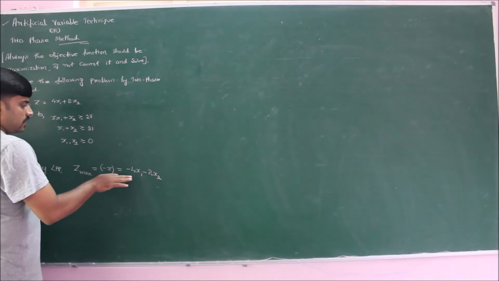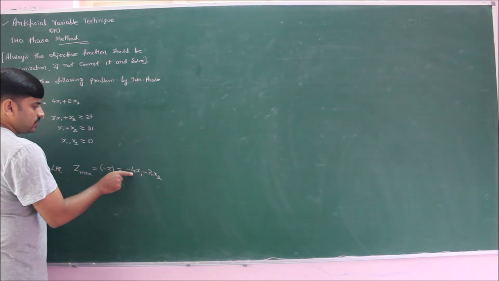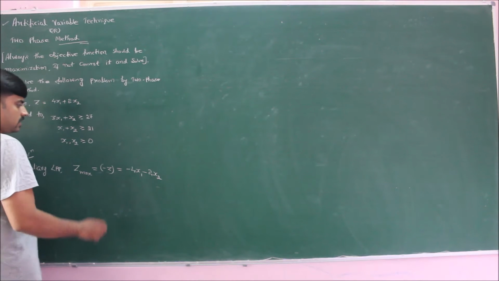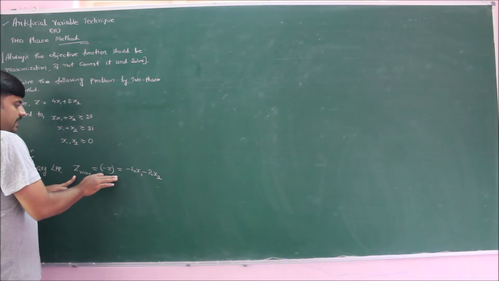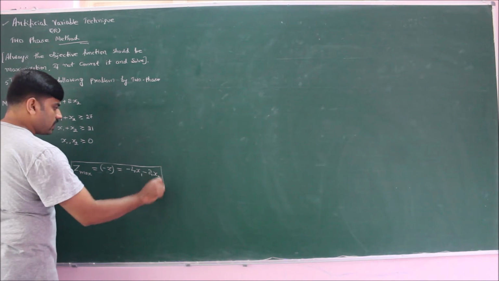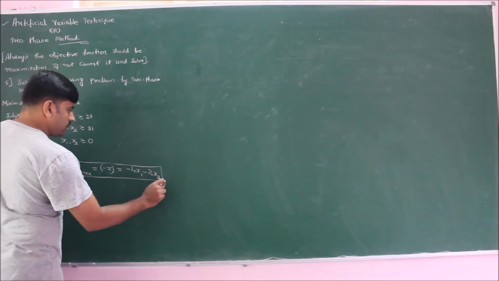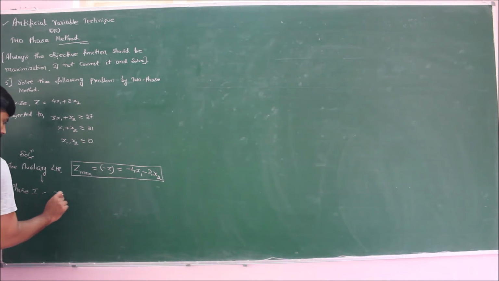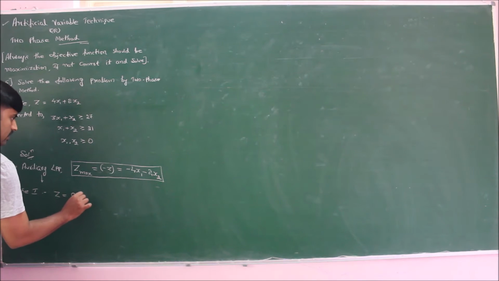But in case of phase 1, I should enter these coefficients as zeros. So this is the true objective function for us, whereas for phase 1, Z will be equal to 0x1 plus 0x2.